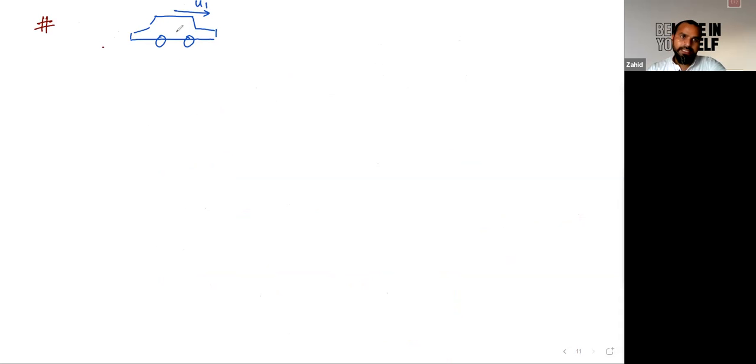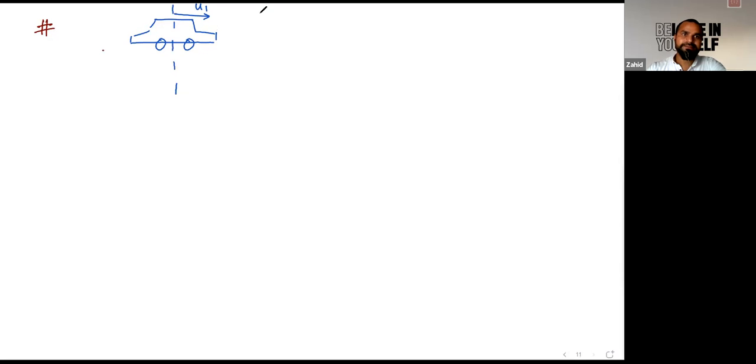Let's say this car is moving at some velocity u and applies the brake at this instant. On applying the brake, it will stop at this point. So the final velocity at this instant would be 0.